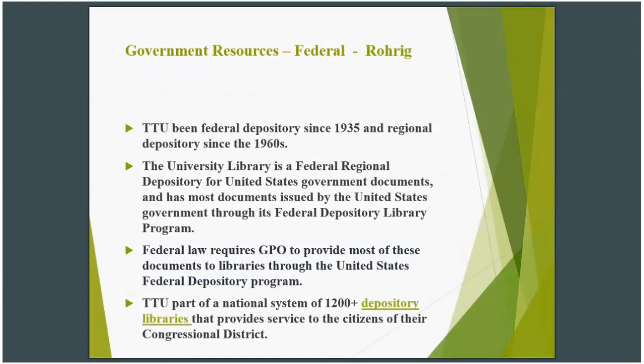It became a regional during the 60s, which basically means that we have been required to retain most everything that is sent to us, whereas selective depositories like the law library can retain material just for 5 years and then decide if they want to retain it. If they don't, they will send a disposal list to us to review. So we're part of a nationwide system of depository libraries. So if there's something that we don't have, we can find it from others.